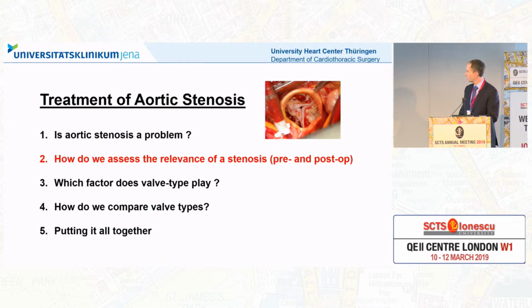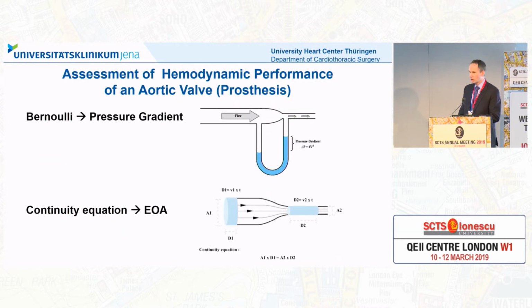So how do we assess the relevance of a stenosis? We do this in two ways. One is the Bernoulli gradient, which is just flow assessment, and by this principle you can assess the gradient that you get. Then you have the continuity equation, where you derive the effective orifice area.